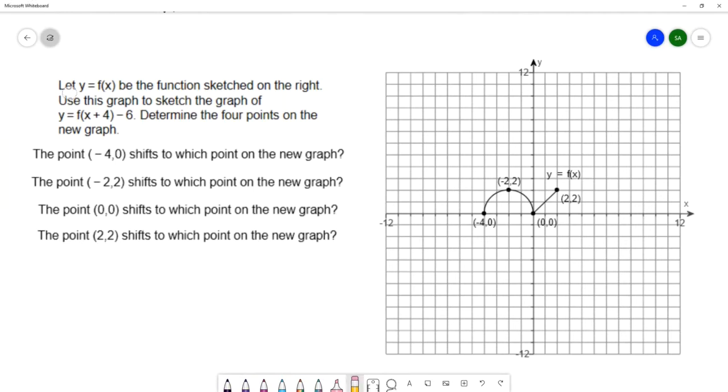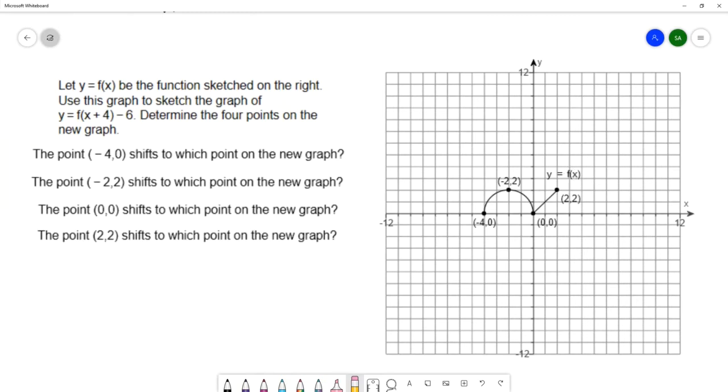In this question, it says, let y equals f of x be the function sketched on the right. Use the graph to sketch the graph of y equals f of x plus 4 minus 6. Determine the 4 points on the new graph. So we're given this picture over here, and this picture is labeled as f of x.